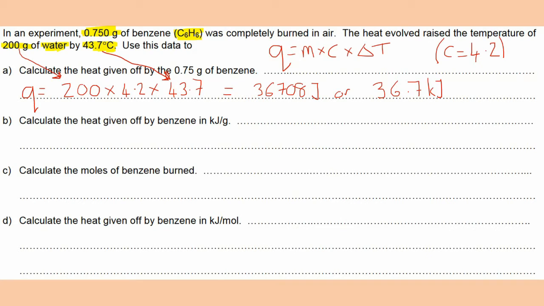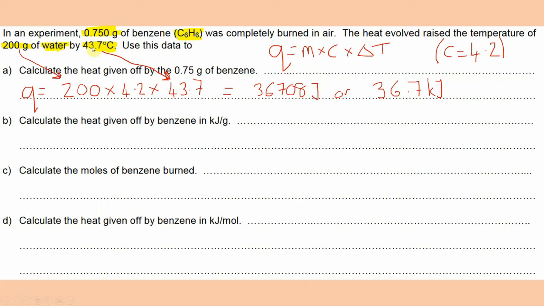Part A asks us to calculate the heat given off by the 0.75 grams of benzene. So I've scribbled the answer on here, but just follow through with me. Q, the energy, is the mass of the thing that's been heated up, in this case water, times the specific heat capacity. You'd always be given this, but I've told you here it's 4.2 for water, times the change in temperature.